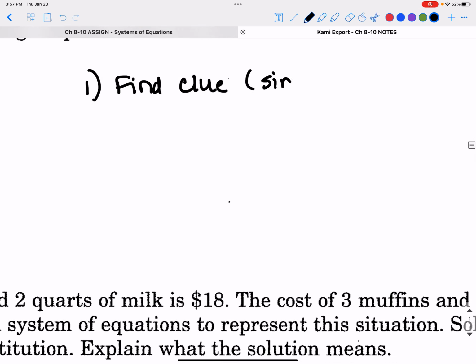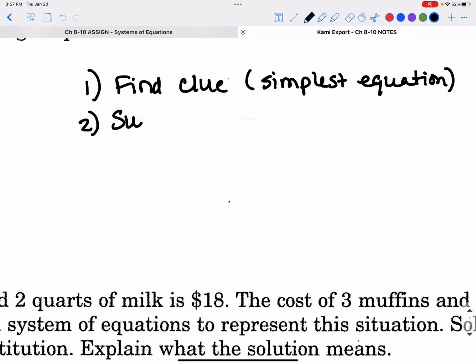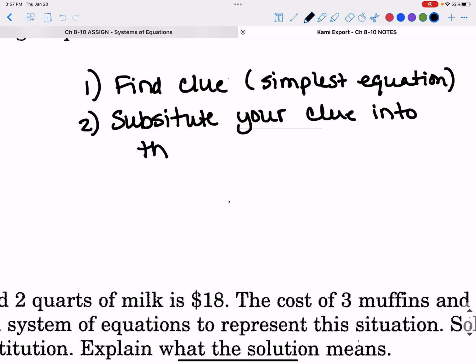It's usually the simplest equation of the two. Step 2 is you're going to substitute your clue into the other, and that's what's really important, into the other equation.